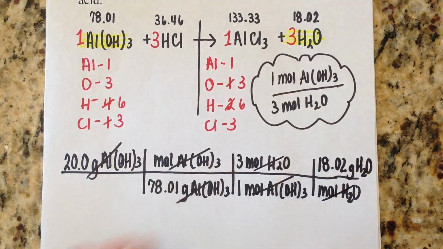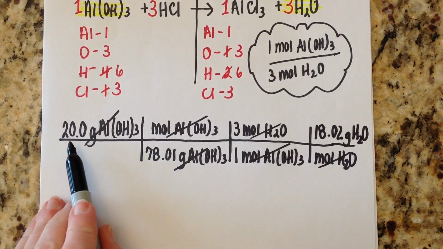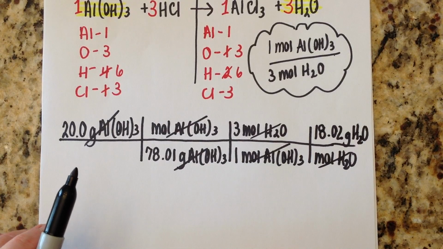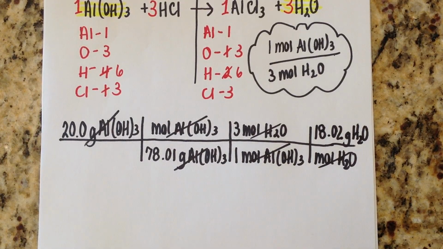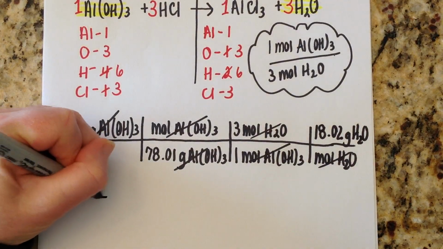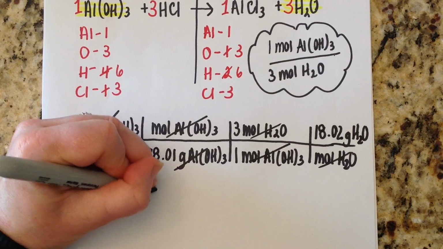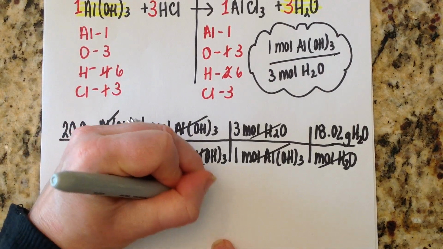Moles cancel, and now I'm ready just to calculate everything up. If you multiply 20 times 3 times 18.02, hit equals, divide that total by 78.01, your answer is going to be 13.86 grams of water.